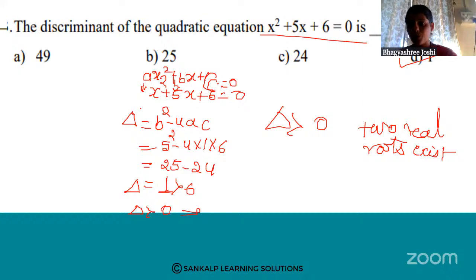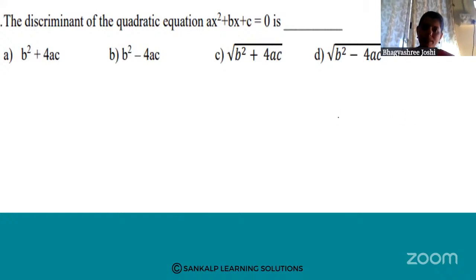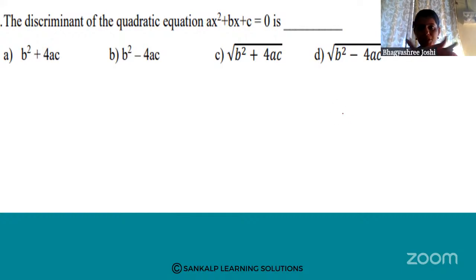Here they may ask the nature, or they may ask about the discriminant also. The discriminant of the quadratic equation ax square plus bx plus c equal to 0 is... Tell me which one is the discriminant here, whether it is b square plus 4ac, or b square minus 4ac, or square root of b square plus 4ac, or square root of b square minus 4ac.